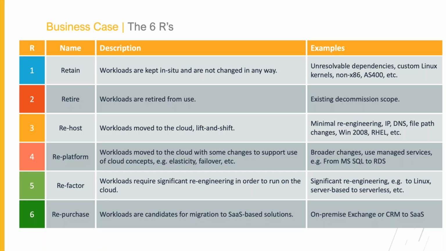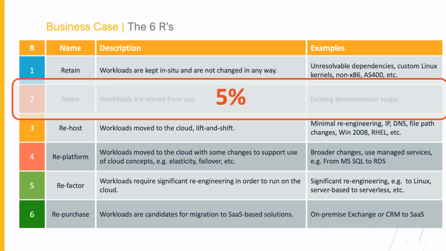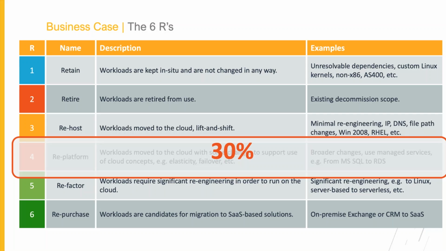So what's a common percentage at the initial migration stage? Well, retain is typically about 10%. Retire, 5%. Rehost is your big one. Typically this is your lift and shift. 40% of the workloads at the migration stage will be done as a lift and shift. Replatforming, not far behind, 30%.